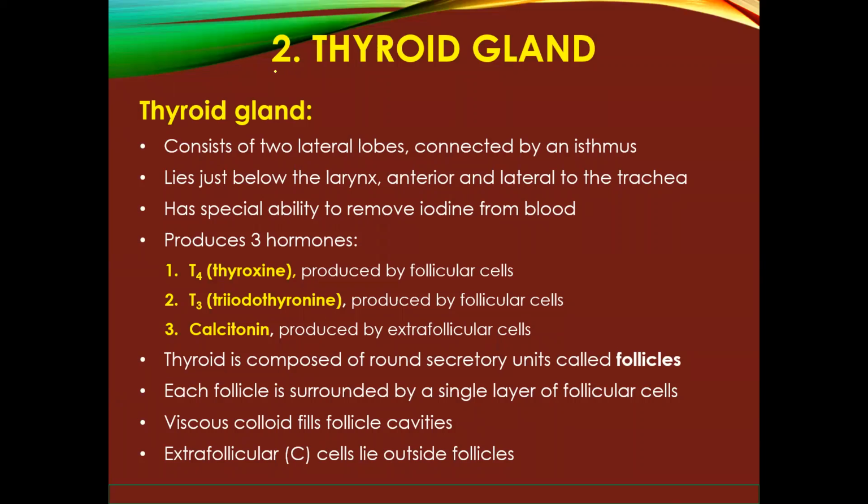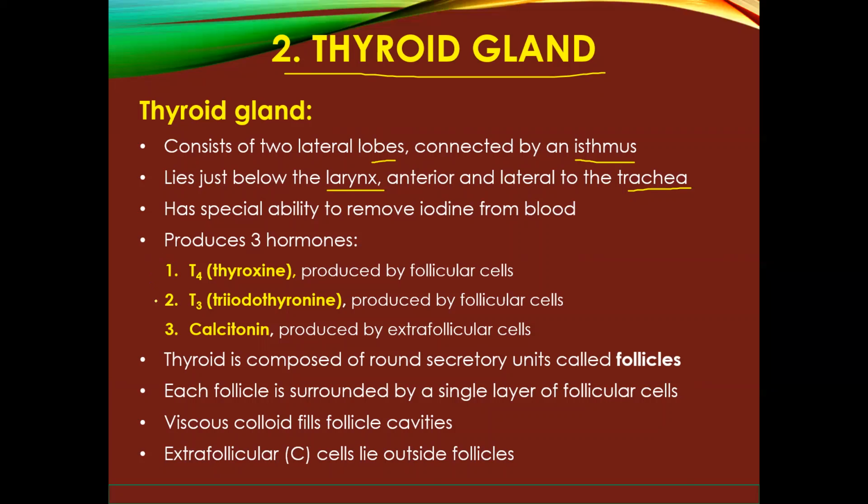Now we go to the second gland. It's called the thyroid gland. The thyroid gland consists of 2 lateral lobes, connected by a smaller middle part called the isthmus. This is located just below the larynx, the anterior and lateral part of our trachea on our neck.